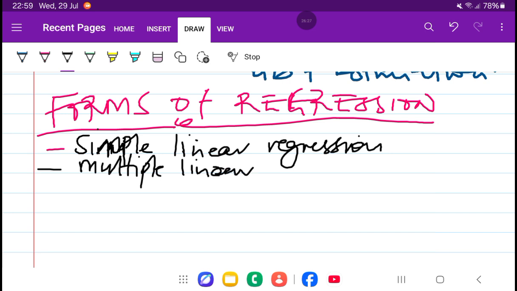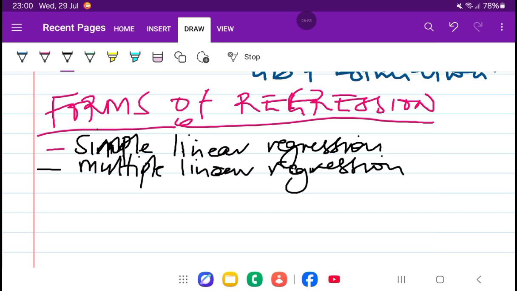Some books may call it multilinear regression. But we also have what we call the polynomial. These are the ones that are in a curve. These are the curvilinear regression.